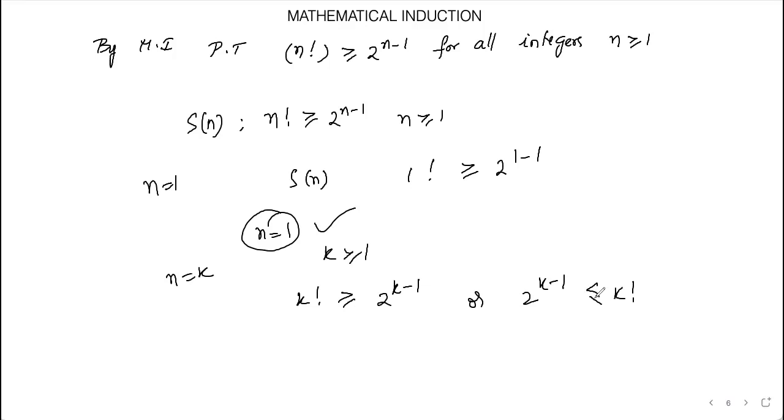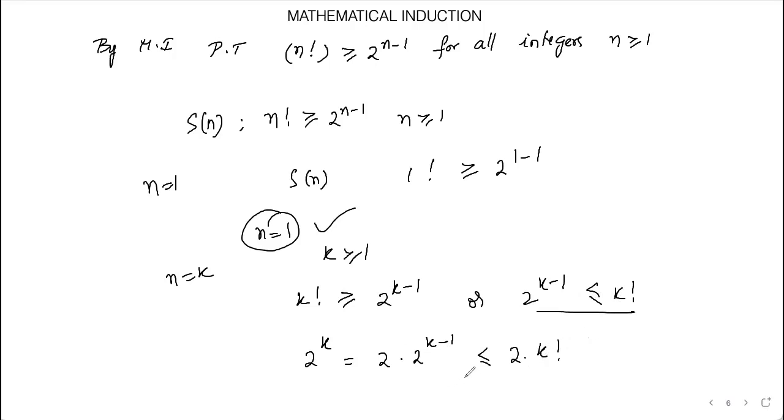Now this yields 2 to the power of k is equal to 2 multiplied by 2 to the power of k minus 1, less than or equal to 2 multiplied by k factorial, because we know this, right?